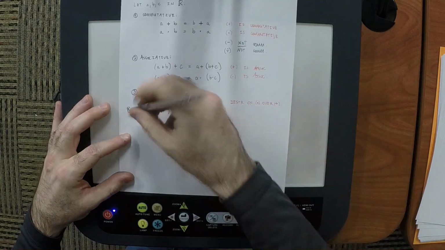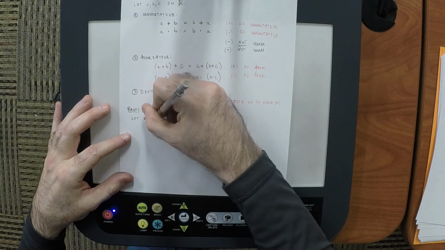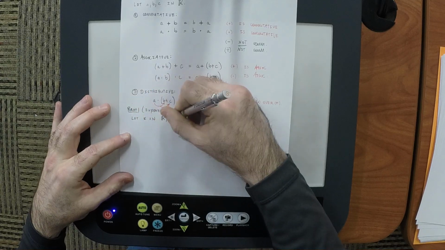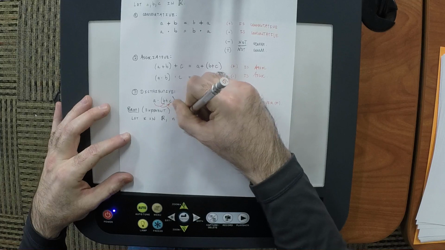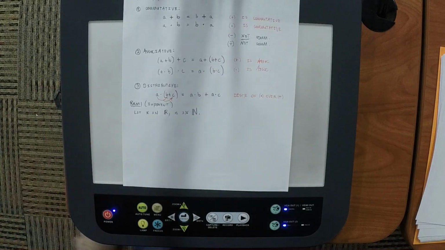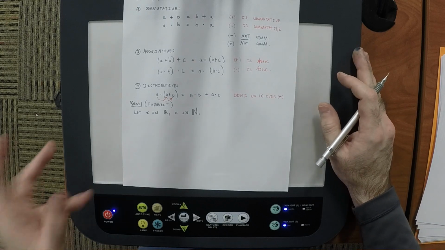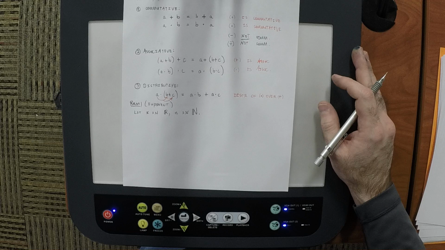So let x be in the reals, and let n be in the naturals. What I mean by that is that x is just some real number, any number, but n can't be just any number. It's got to be natural. So what are the naturals?